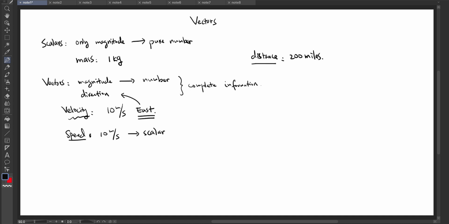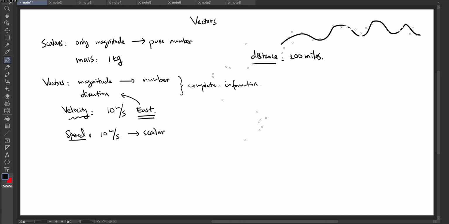Then they only specify a number without saying the direction of that trip, right? I don't know whether I go south or whether I go east. I'll go another like in a curved path, right? Distance could be a curved path. Let's say I'm going along this curved path, and the sum of all these curved length, which is called arc length, is 200 miles. So the total here is 200 miles.